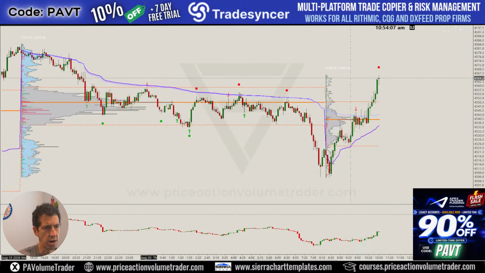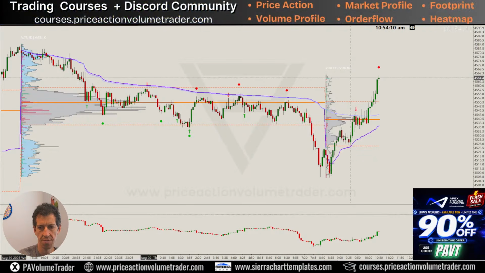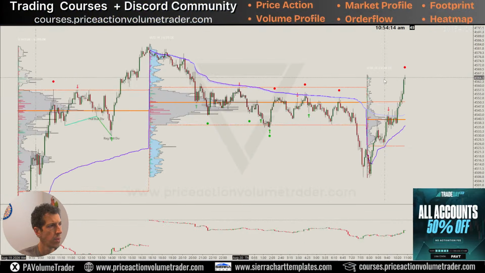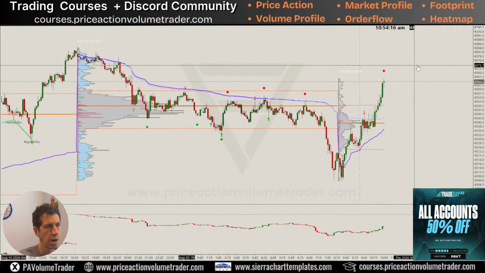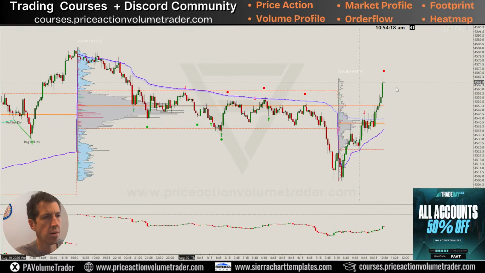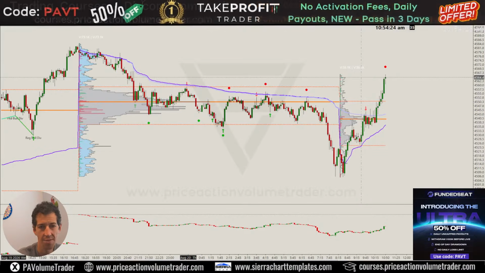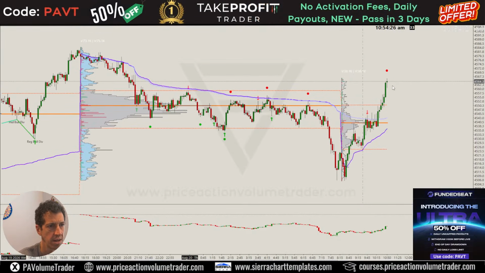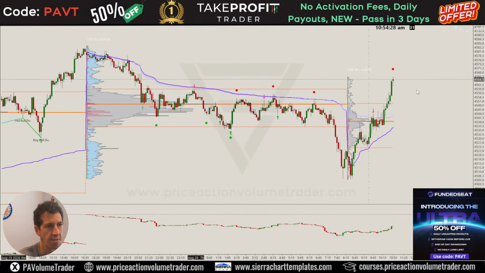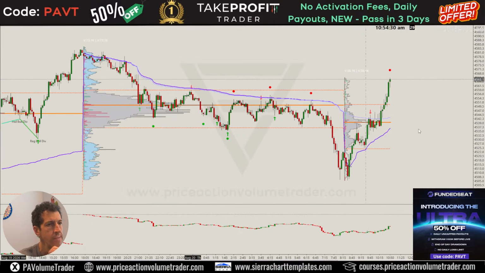Right now we are at 45.64. Huh. I guess I do have live data here. For some reason, I thought I didn't. I know I haven't paid for COMEX data, but I guess I do have live data here on gold.